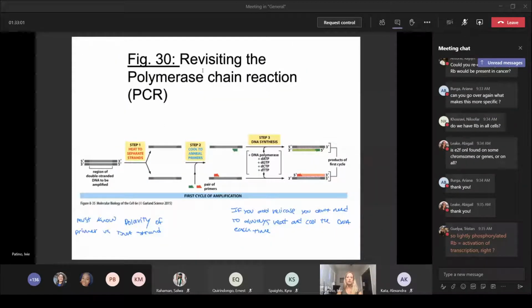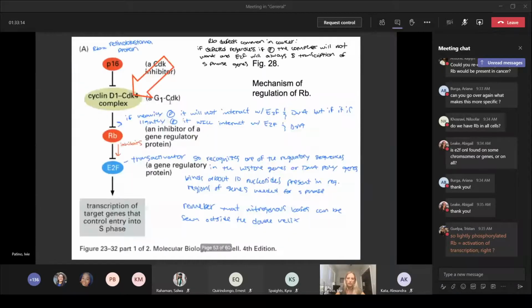So now he wants us to revisit PCR. So lightly phosphorylated RB equals activation of transcription, right? No, not lightly phosphorylated. Heavily phosphorylated RB, because if it's heavily phosphorylated, then it will not interact with E2F, leaving E2F free to be a transactivator and bring in that HAT.